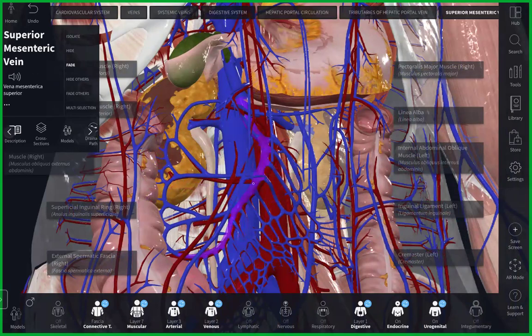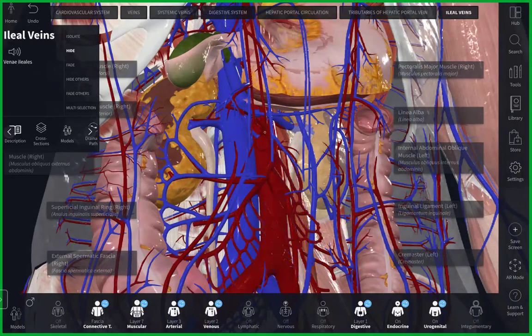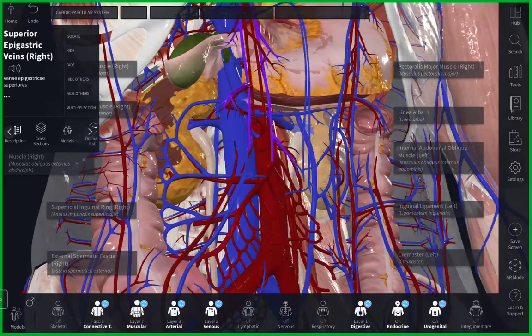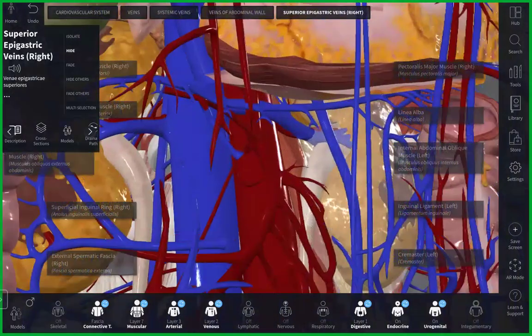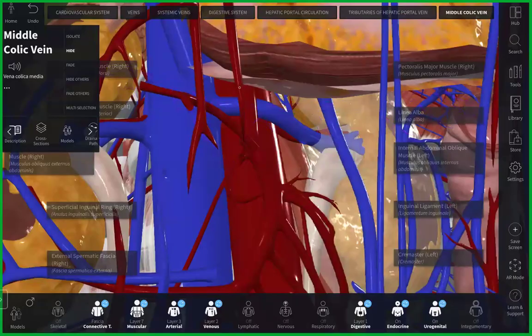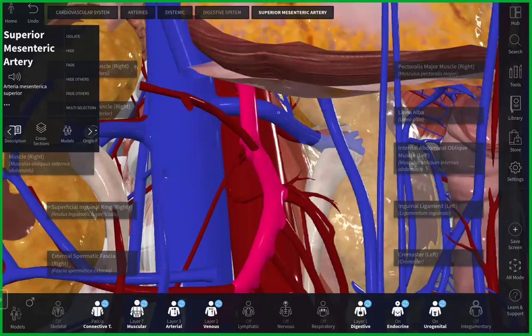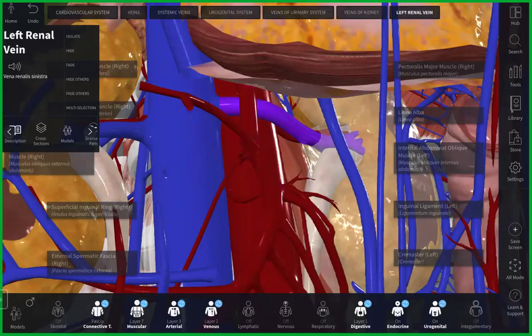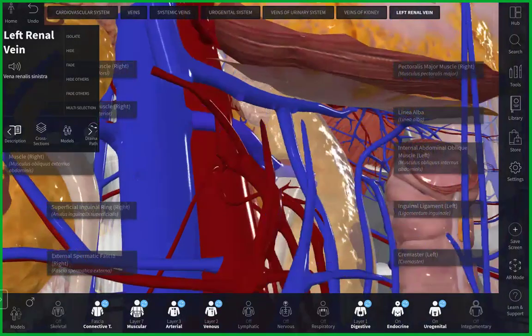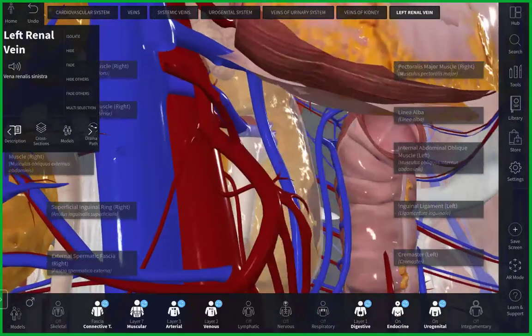Give me a moment. Let me hide it first so I can show you clearly. So you can say that the superior mesenteric artery and left renal vein have some problem in between them.